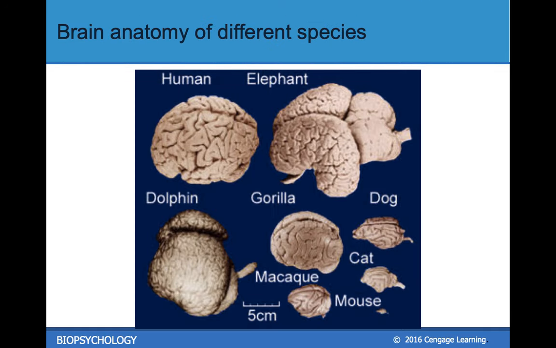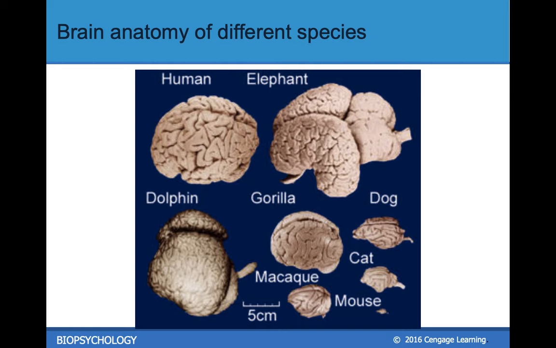All right. So, if you look at different species, the brains are organized a little bit differently. So we have the human on the upper left, elephants on the top right, dolphins on the bottom left, and then gorillas, dogs, cats, mice, macaques. Macaques are a type of monkey. And you can see that their structure, while there are some similar parts, is a little bit different.